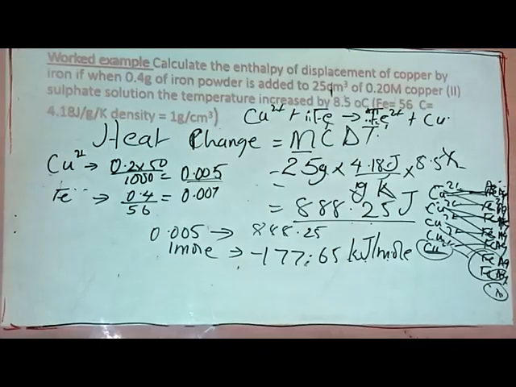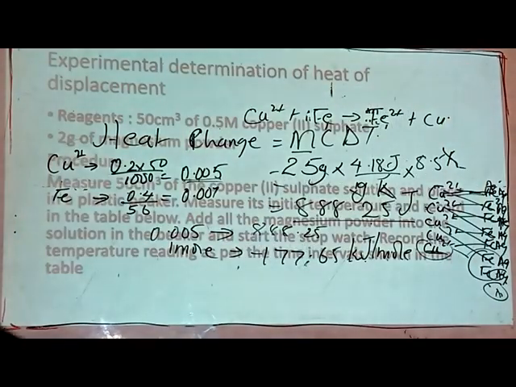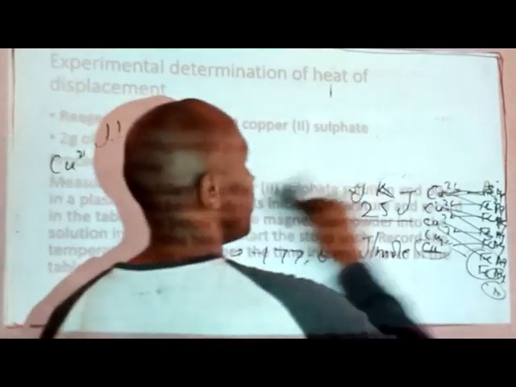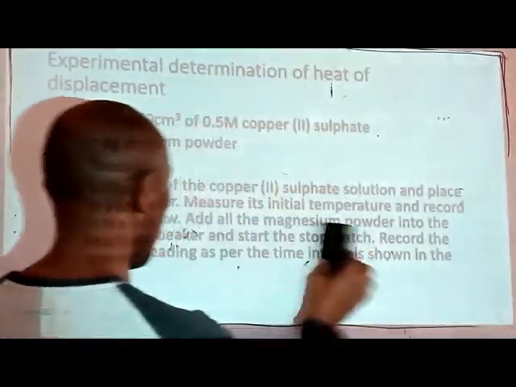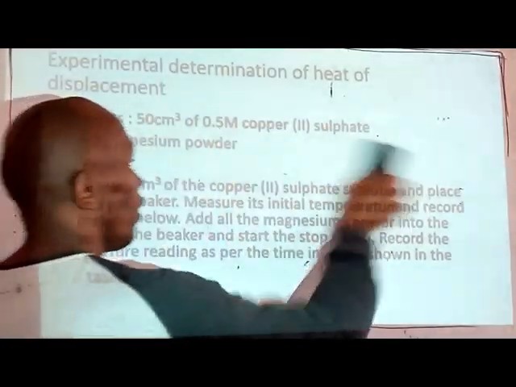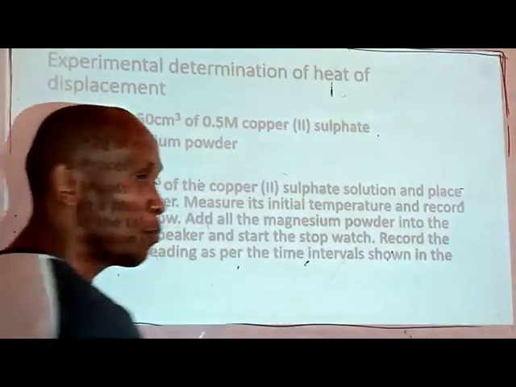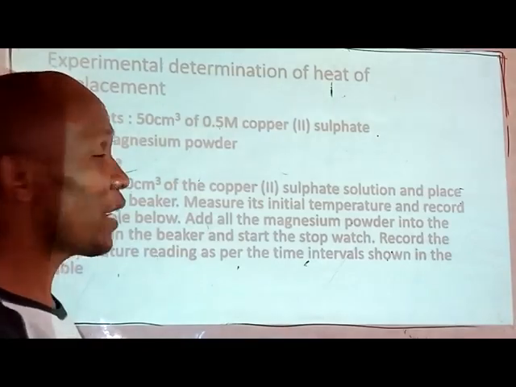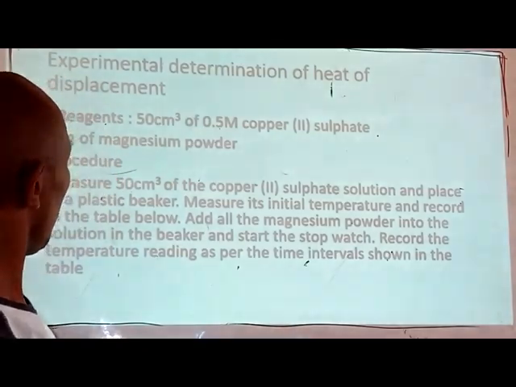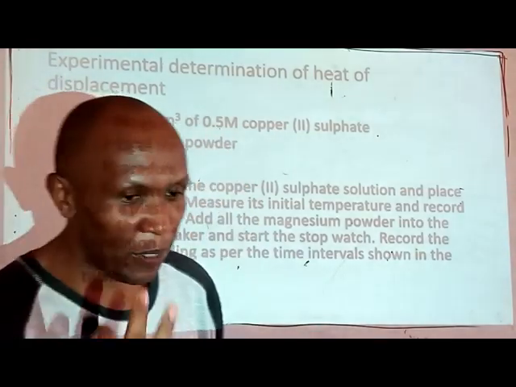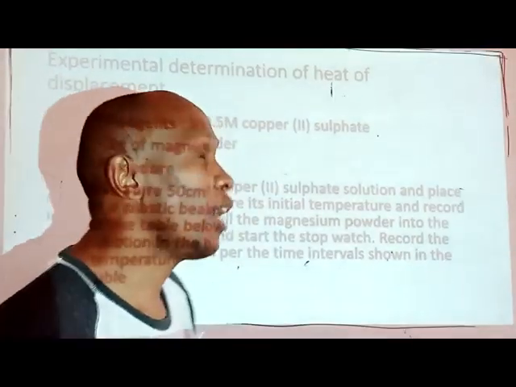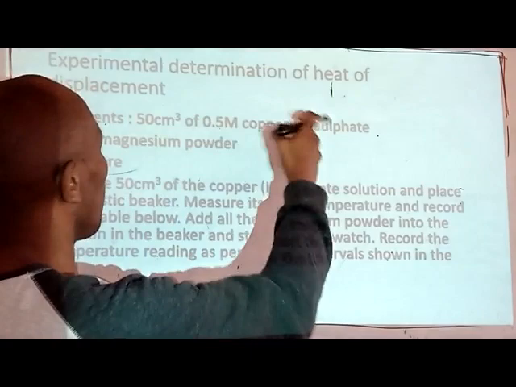Now the next thing, let's do an experiment to determine the enthalpy of displacement, and I will still use copper, but this time I'll displace it using magnesium powder. I'll have 50 cubic centimeters of 0.5 molar copper 2 sulfate.